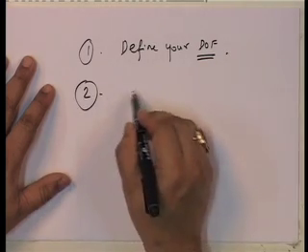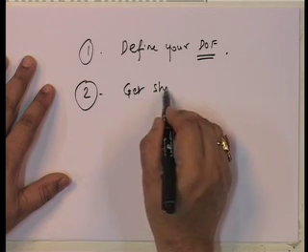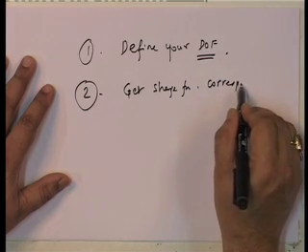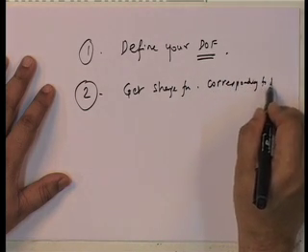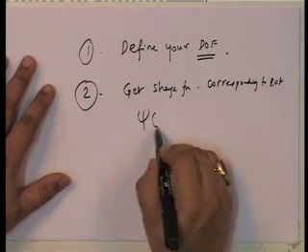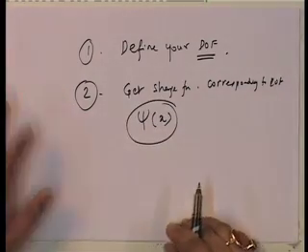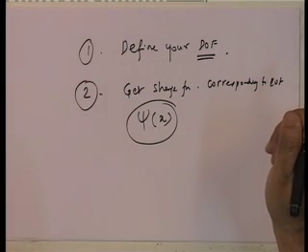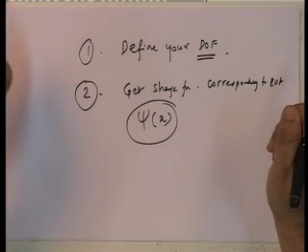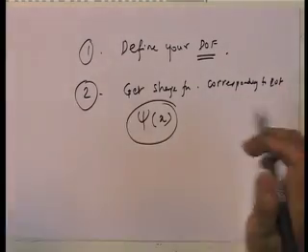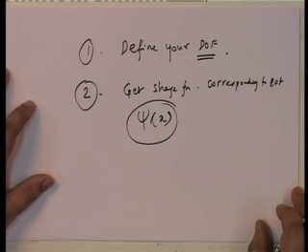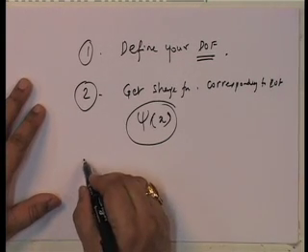Next, get the shape function corresponding to the degree of freedom. In other words, get xi of x. Okay. Plot it, put the degree of freedom equal to 1, and find out what values you get at different points along the length of the bar. So, that is the first thing.